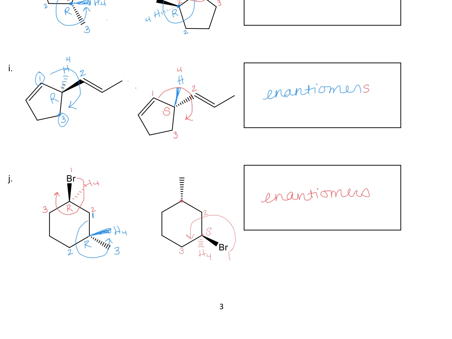It is S. And then the other chiral center, this is 1, 2, 3, and the hydrogen is in the front. It is 4. So it looks like it's going to be R, but since the hydrogen's in the front, we have to switch it. It will be S. So this molecule is RR, and this one is SS. So they are complete opposites of each other, making them enantiomers.